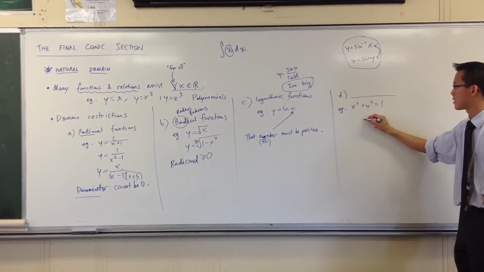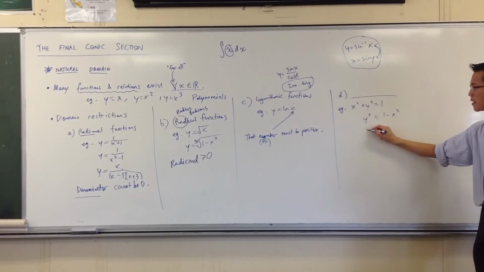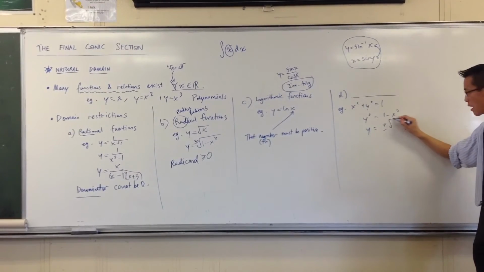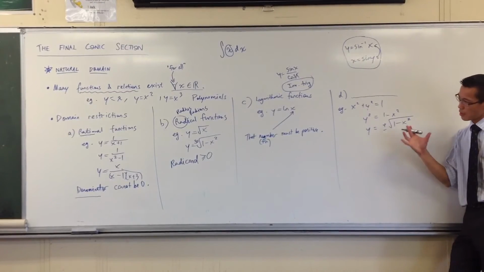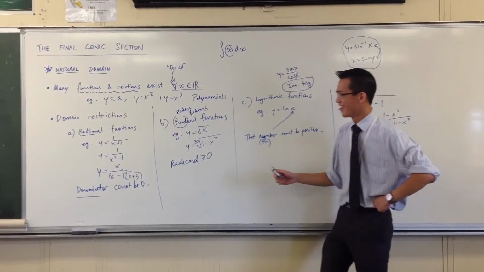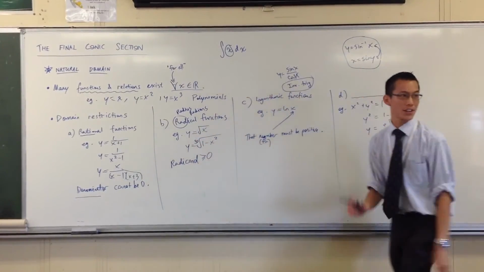Let's make y the subject. So my next line would be plus or minus the square root. Okay, good, fine, that works. So in some ways, this is kind of a special version of the radical function, okay?